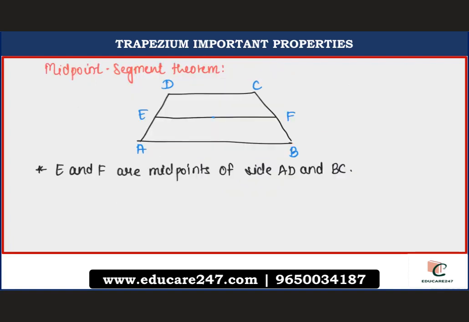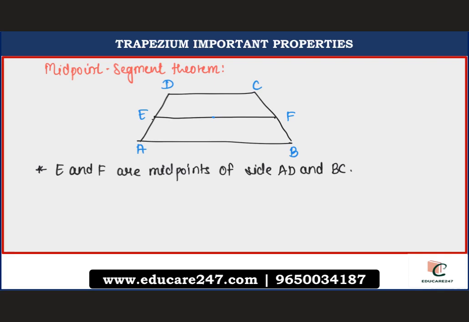The next important, and I would press the word important, because this theorem is not known to a lot of students and its importance in examinations is too high. Alright, the midpoint segment theorem. This is applicable in a trapezium. So suppose there is a trapezium ABCD where E and F are the midpoints of sides AD and BC respectively.